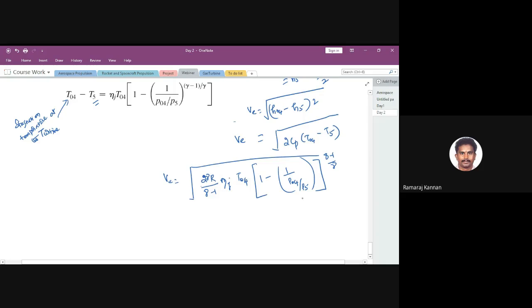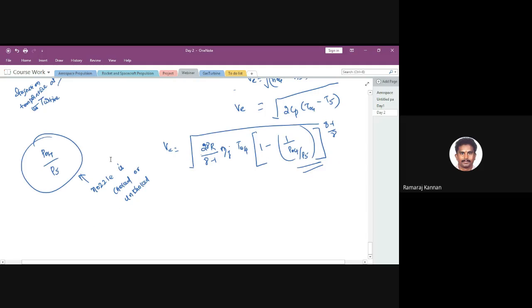This P04 by P5, the pressure drop, is going to tell whether your nozzle is choked or unchoked. If the nozzle is choked, it's going to be P04 by P stop, that's going to be the pressure issue here. If it is unchoked, we can keep it as such.